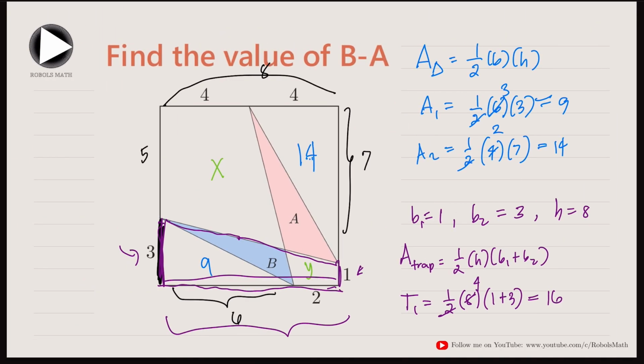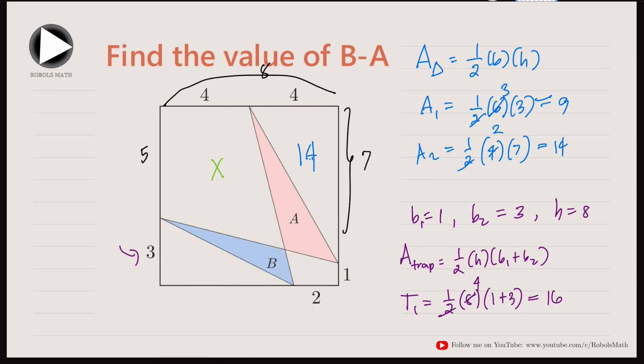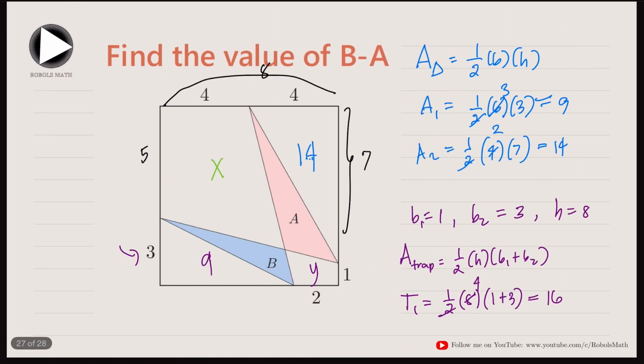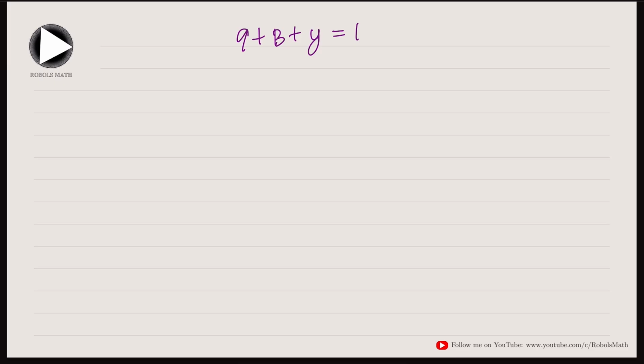But then again, we know that the area of the trapezoid is equal to the sum of the individual components, which in this case are, I'll just clean it up, this is 9, and this is y. The area of the trapezoid at the bottom is equal to 9 plus b plus y, and that's also equal to the one we calculated before, which is 16.